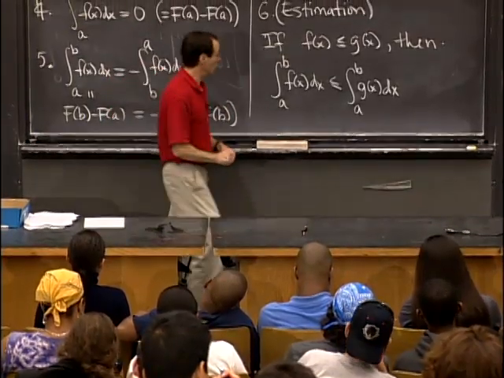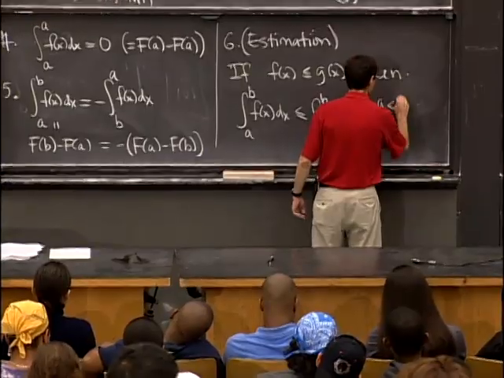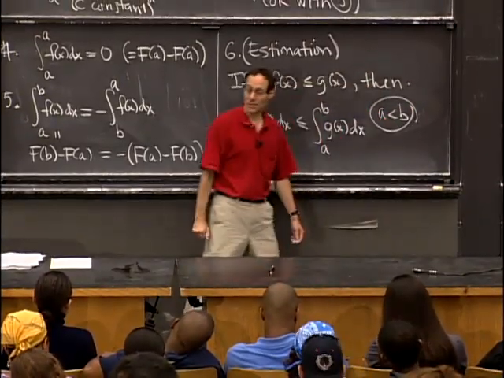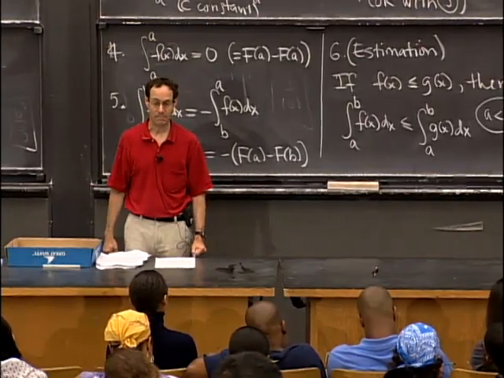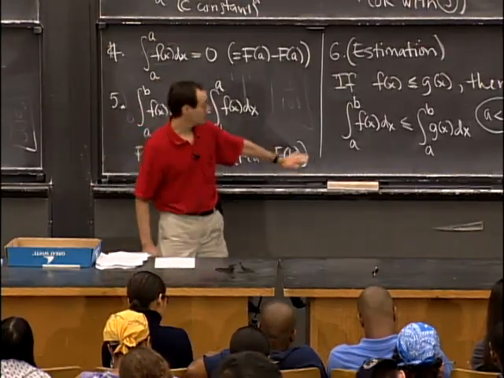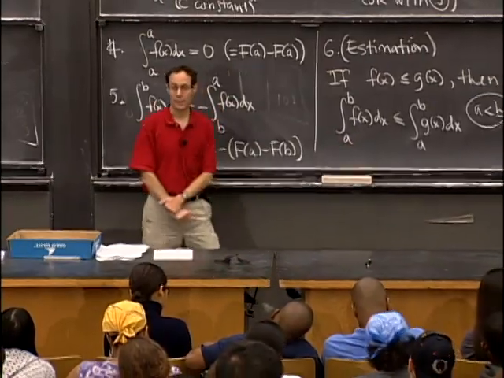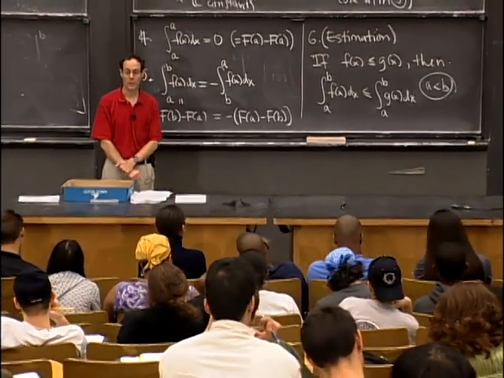For this one, you'd better have a less than b. You need it, because we flip the signs when we flip the order of a and b. So this one, it's essential that the lower limit be smaller than the upper limit.